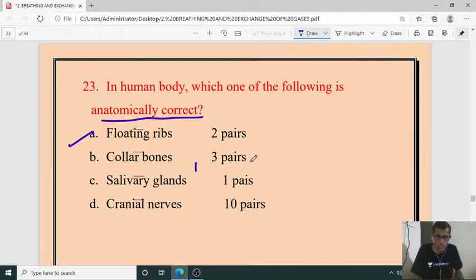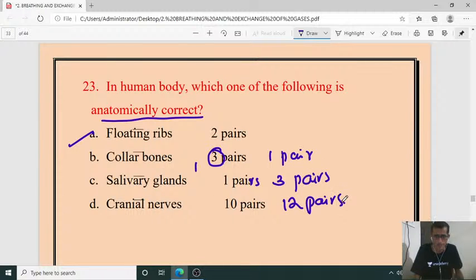Collar bones, it is not 3 pair, it is 1 pair. Then salivary gland, it is 3 pairs, isn't it? Then cranial nerves 12 pairs. So the numbers are wrong here. That means the right answer is A.